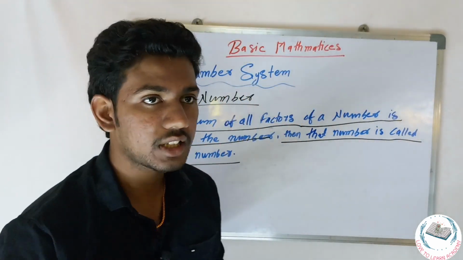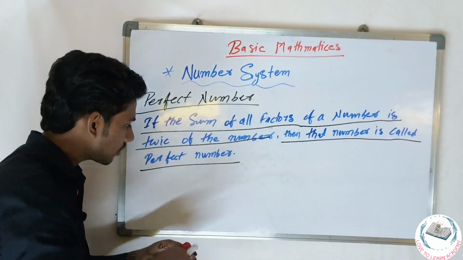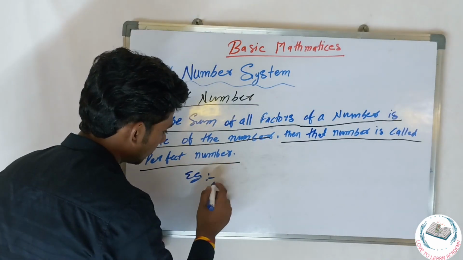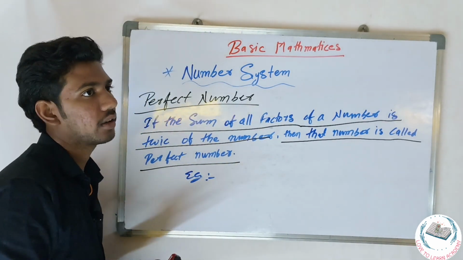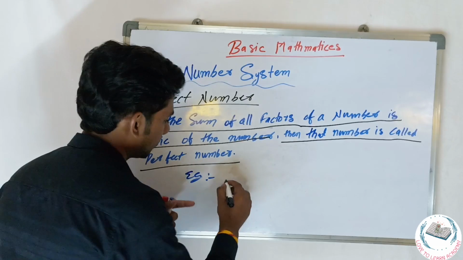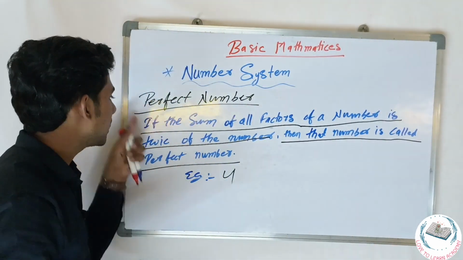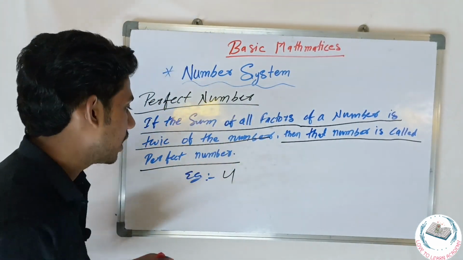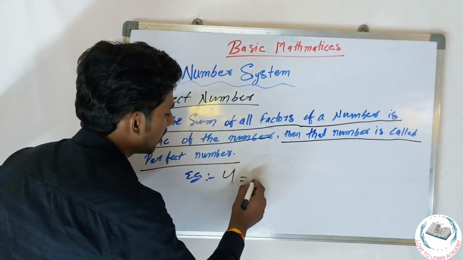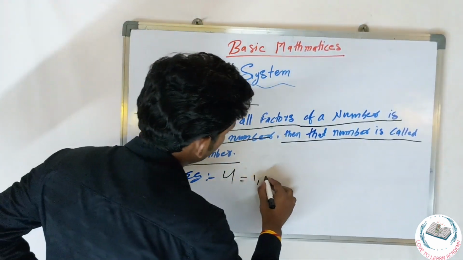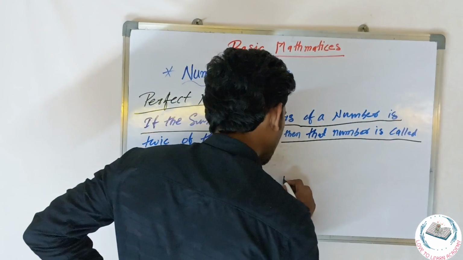Okay, so let's take an example. Take 4. Can you say that is a perfect number? No. How? The factors of 4 are 1, 2 and 4.